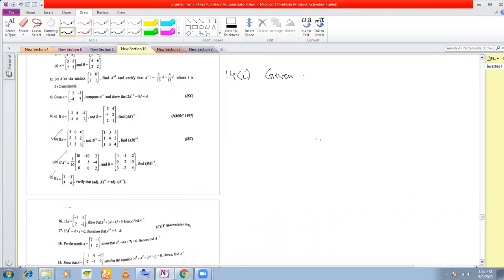Given A is equal to 2 4 minus 1, minus 1 0 2, and B here is 3 minus 1 2, 4 2 1. The question here is find out AB inverse.